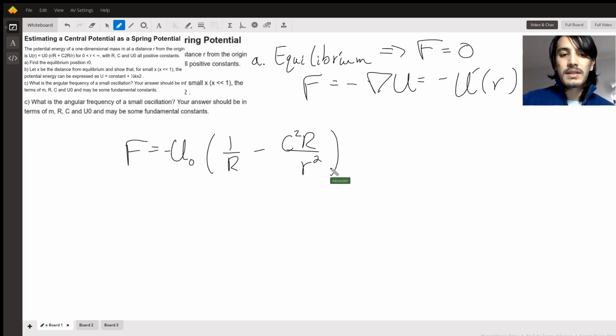So something like this, and then we know that for equilibrium, our force is 0, and this is going to specifically be when we have r equal to r naught.